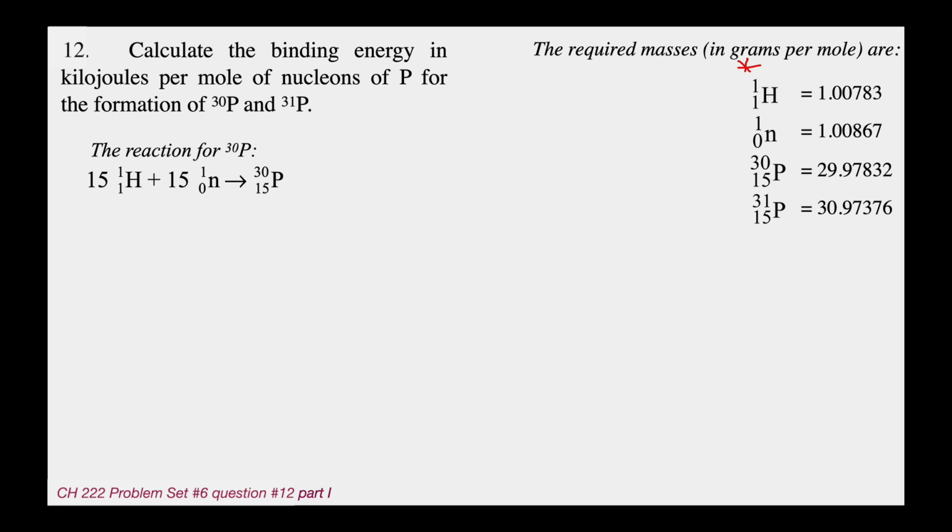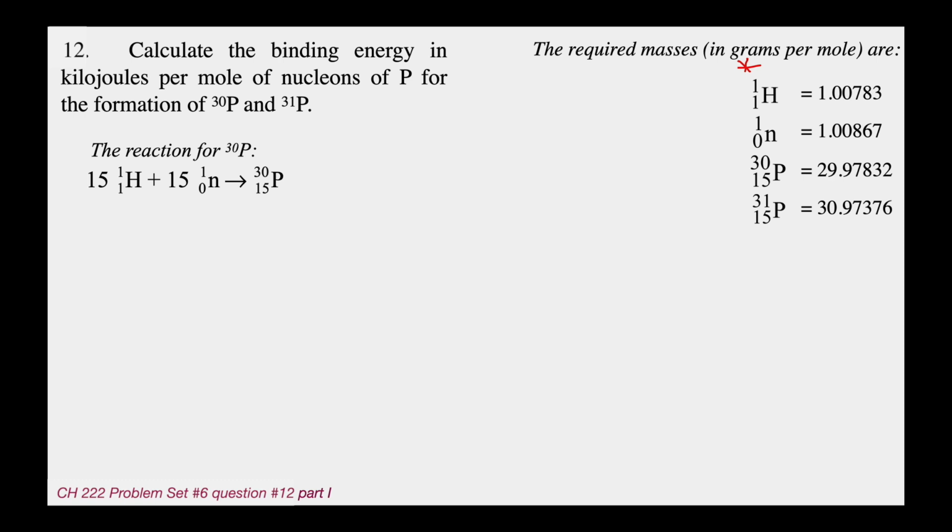If you're writing one of these equations out, you have the raw protons and neutrons as reactants and the atomic nucleus as the product. Because it's phosphorus-30, it's going to have 15 protons plus 15 neutrons. If you balance this nuclear reaction out, you'd have 30 on both sides, 15 on both sides, and so on. Anyway, this is reactants going to products, and this is what you do for phosphorus-30.